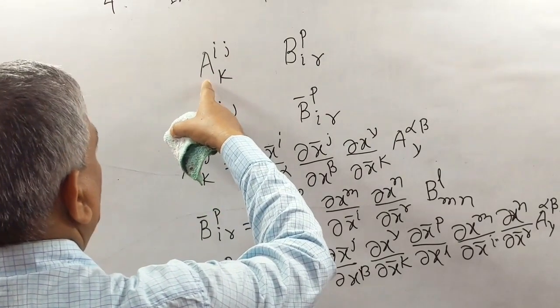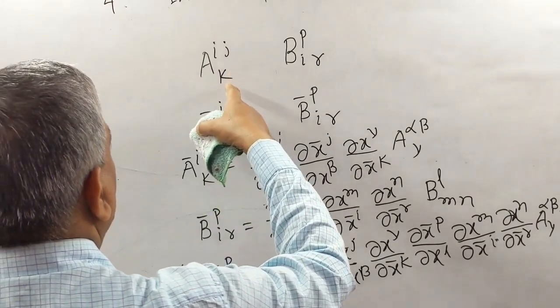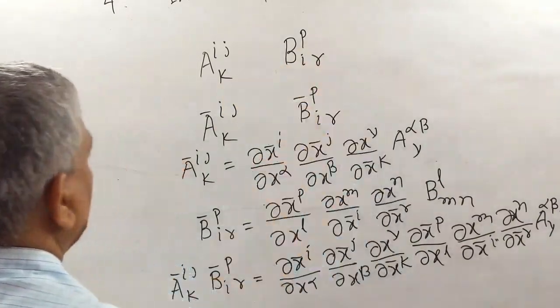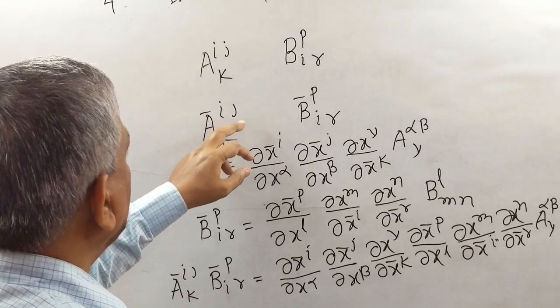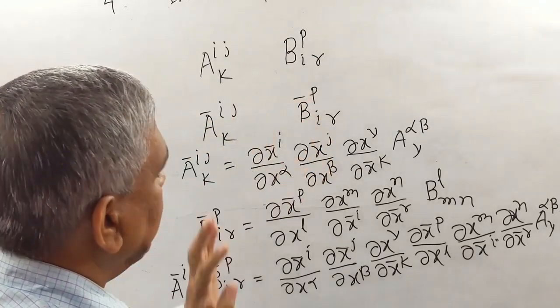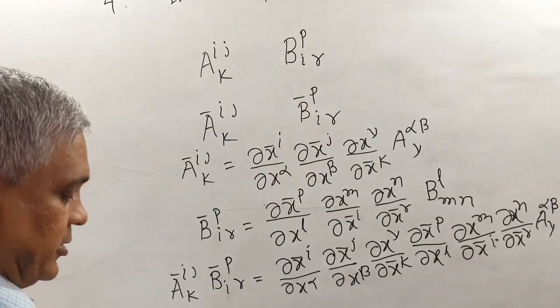Let the corresponding values of Aijk and Bpir be A bar ijk and B bar pir in X bar system of coordinates.